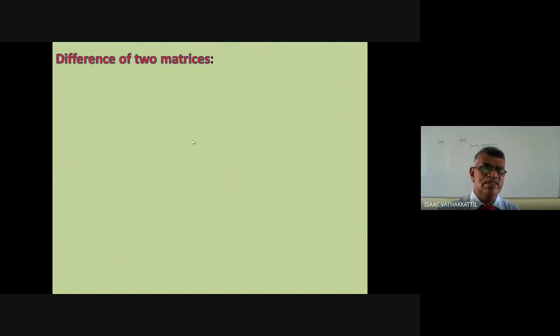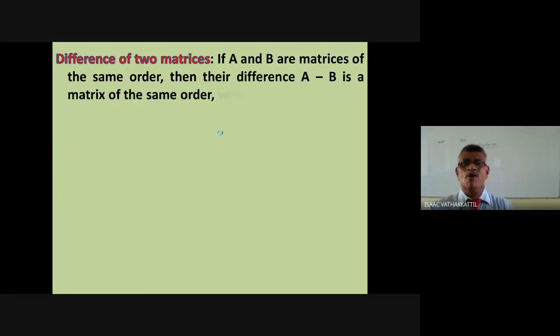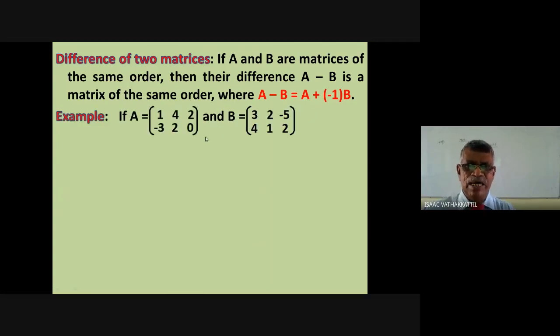We can simply define the difference of two matrices. If A and B are matrices of the same order, then the difference A minus B, actually we are subtracting, but we can define A minus B as again a matrix of the same order, where A minus B is A added with minus 1 into B. No need to worry about that. If A is [1, 4, 2; minus 3, 2, 0] and B is [3, 2, minus 5; 4, 1, 2], can you tell me what is A minus B?